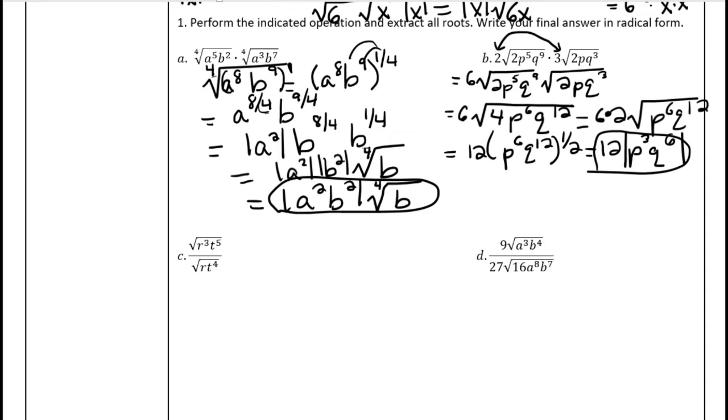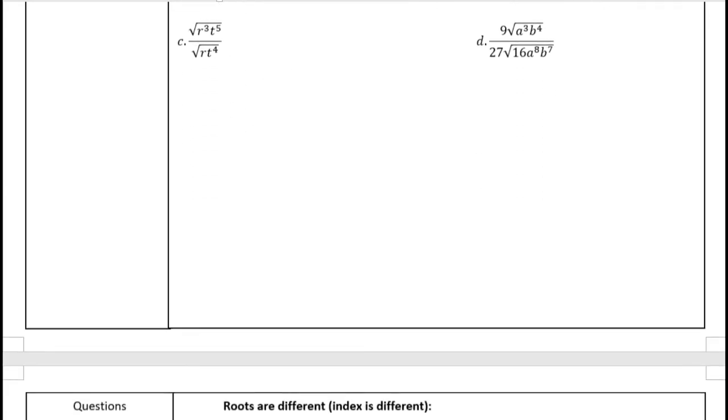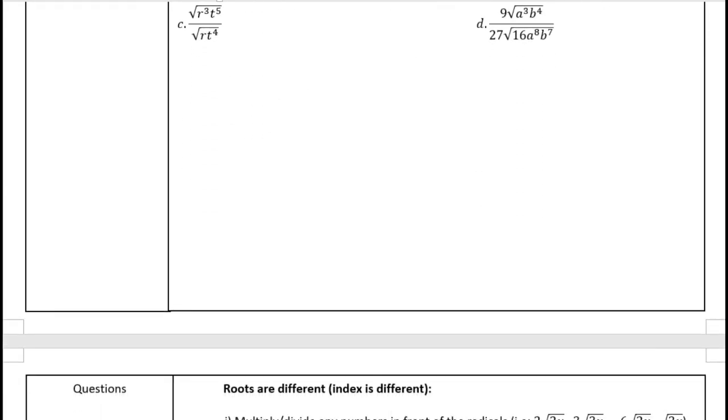All right, so let's look at the next one. Here we're dividing this time instead of multiplying. So we're going to divide the numbers in front. There are no numbers in front of the radicals, so we're good here.